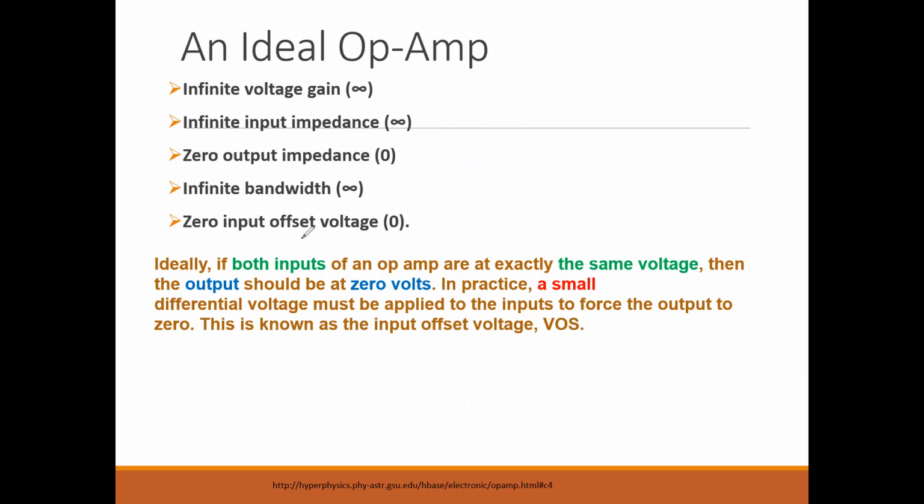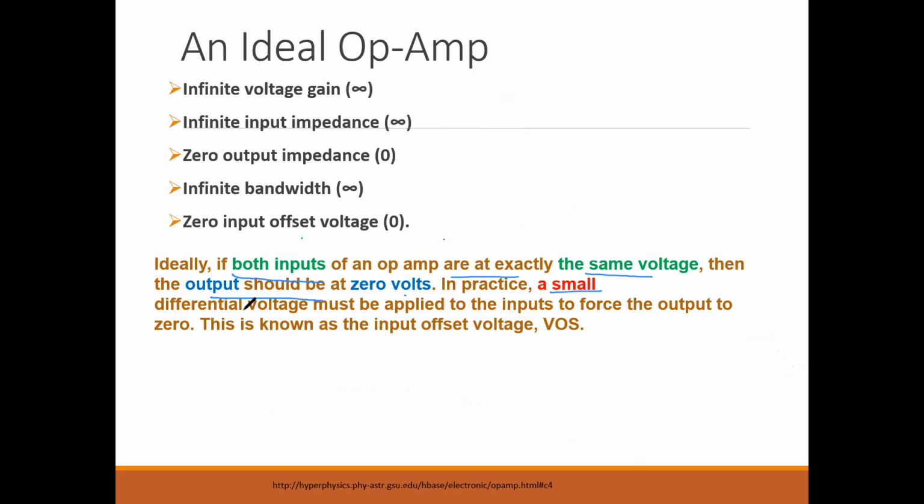And zero input offset voltage, ideally it is zero, but a small amount of offset voltage will be there. You can make it zero by using that external arrangement we have just seen. Ideally, if both inputs of an op-amp are at exactly the same voltage, then the output should be 0 volt.